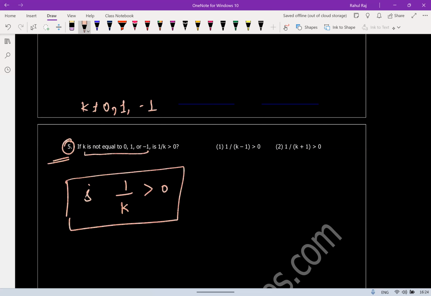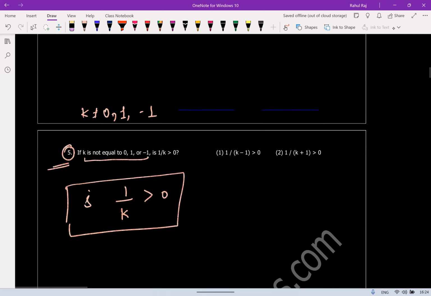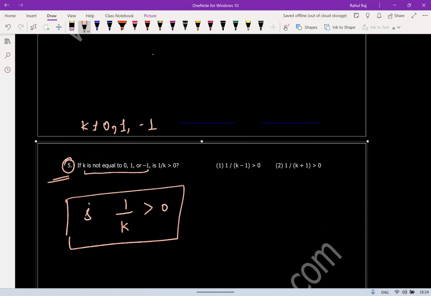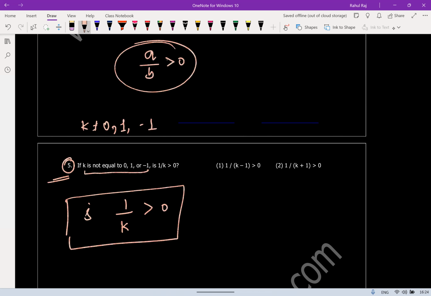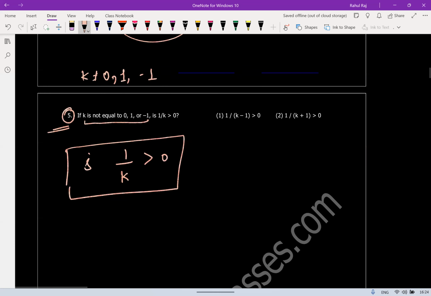Now it's always a good approach to have a better understanding of a question rather than straight away getting into the statement. So tell me one thing, 1 over k will be greater than 0 when? When k is positive. a by b greater than 0 means what? Signs of a and b should be the same, simple logic. So 1 is positive, so k should be positive.